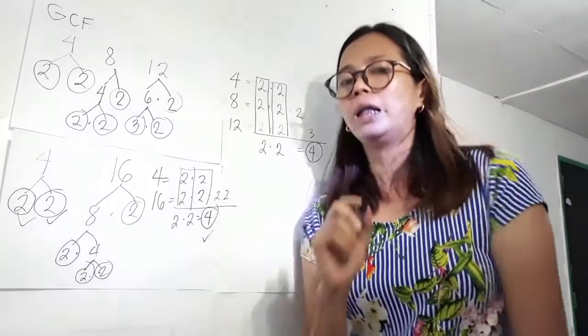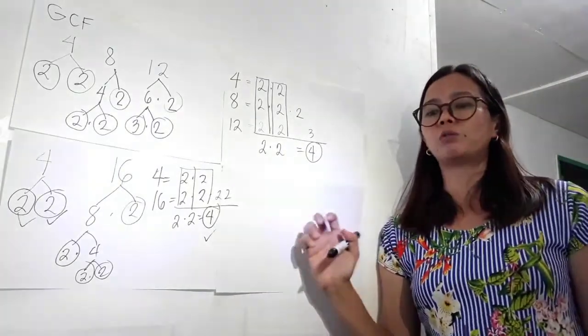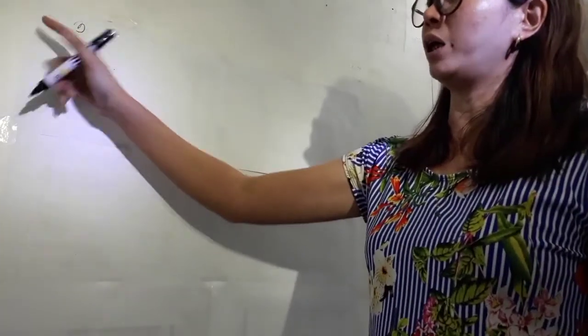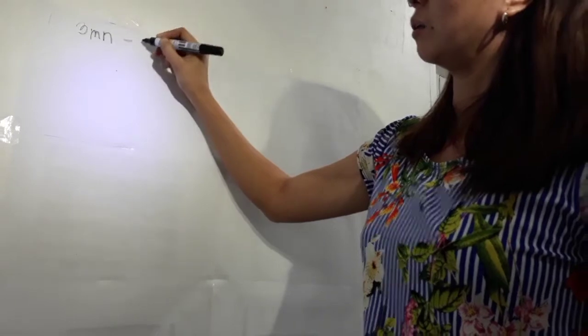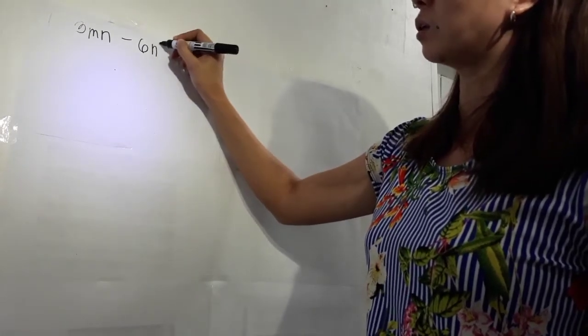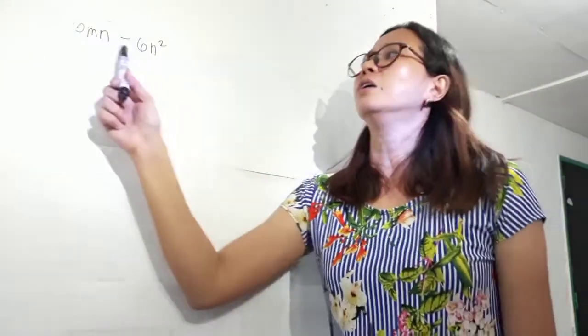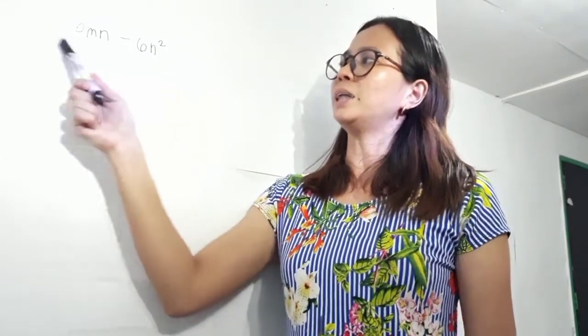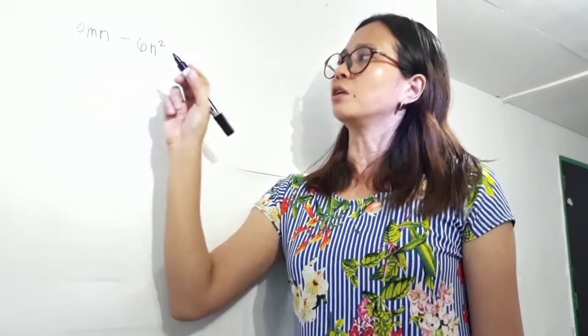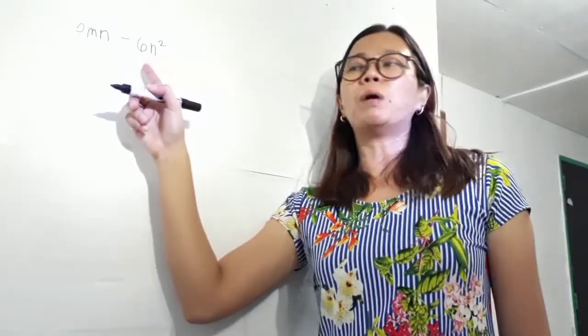Okay, so let us apply this in factoring. Let's have the first example. Let's say we have 3mn minus 6n squared. As you examine the given, we have the variables.